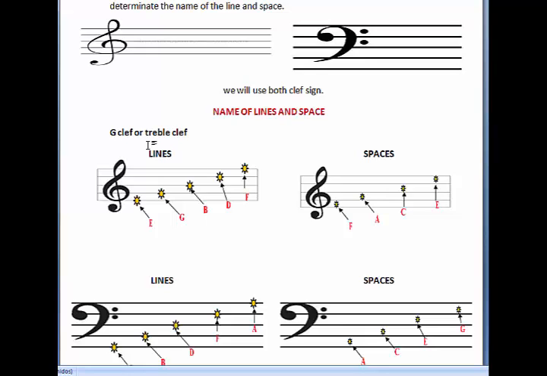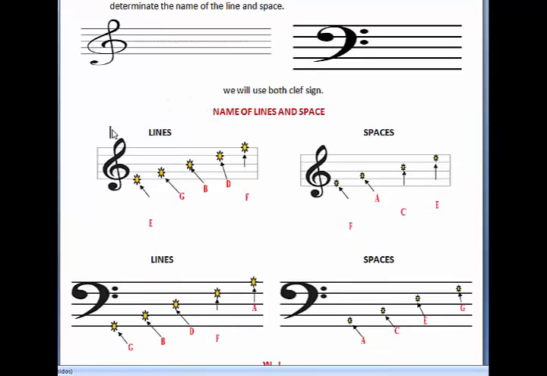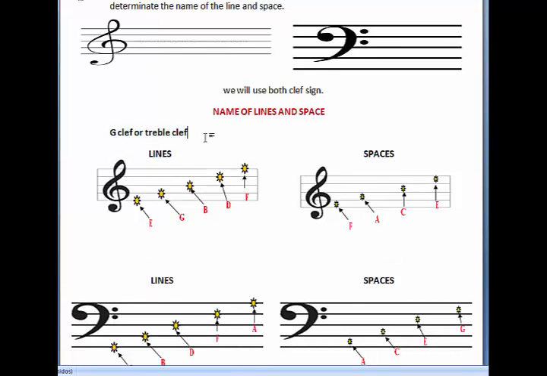This clef is the G clef. So you have the names, and you can start studying all your spaces and lines. Please, you need to study your spaces and lines.